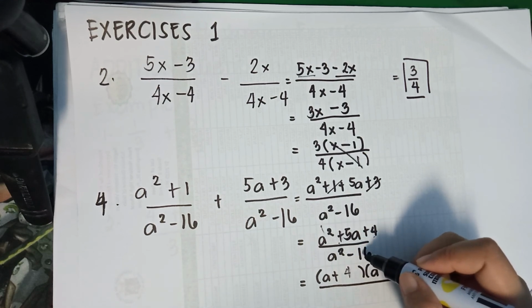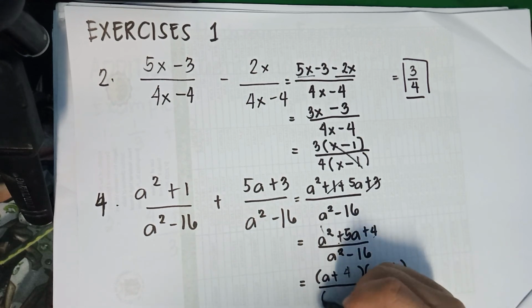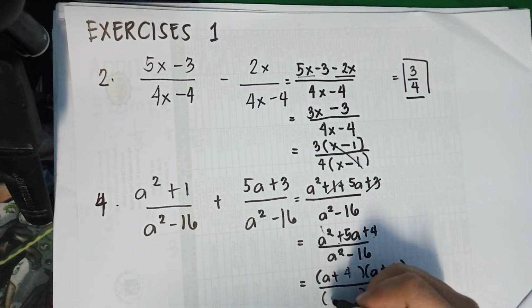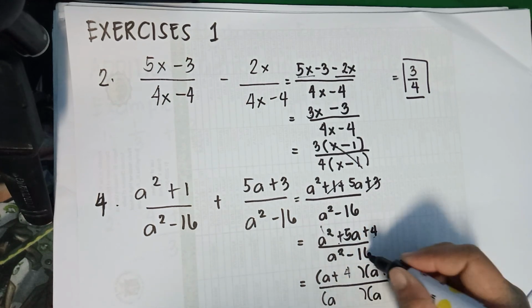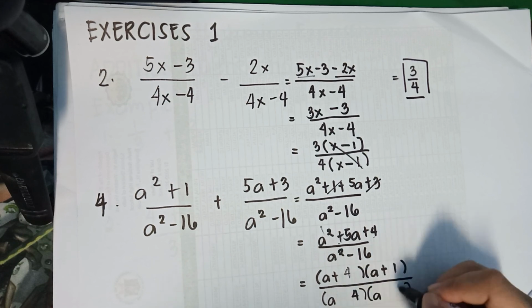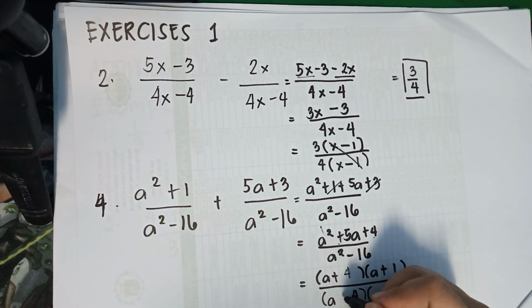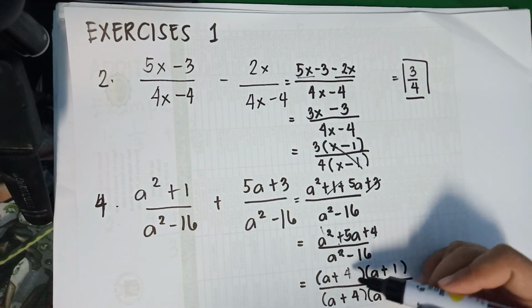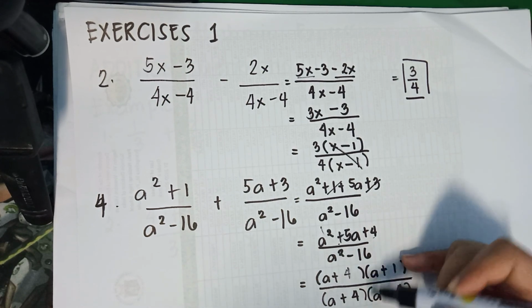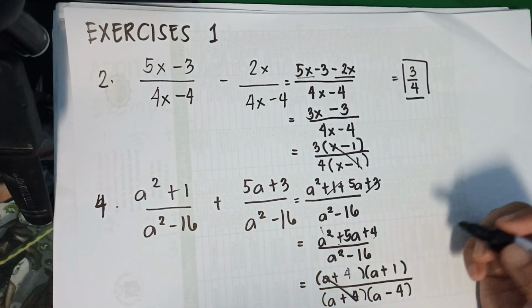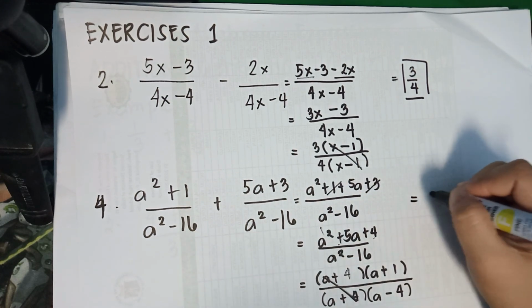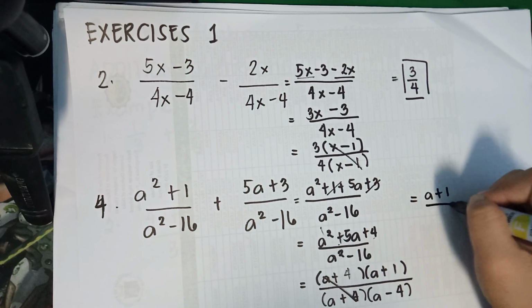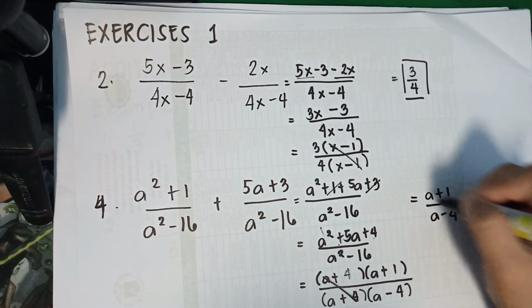As we can see, it is a difference of 2 squares. Then the factors are a and square root of 16, 4, and the signs are different. And we have here a common factor between the numerator and denominator, cancel out. And our final answer is a plus 1 over a minus 4.